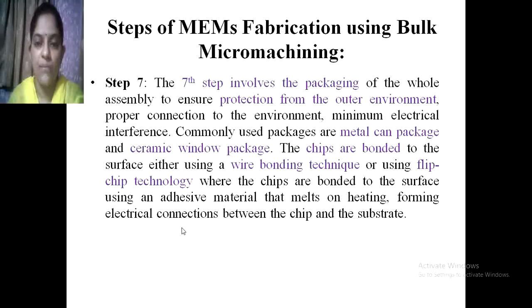So packaging is done for the protection of the MEMS device from the outer environment. So these are the steps used in MEMS fabrication using the bulk micromachining method.